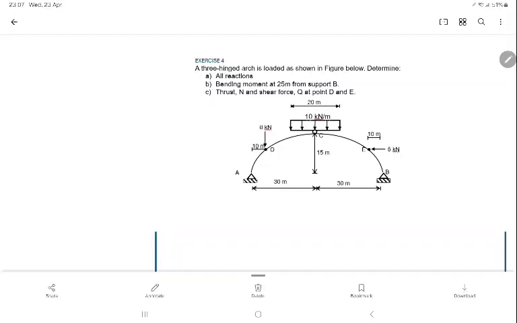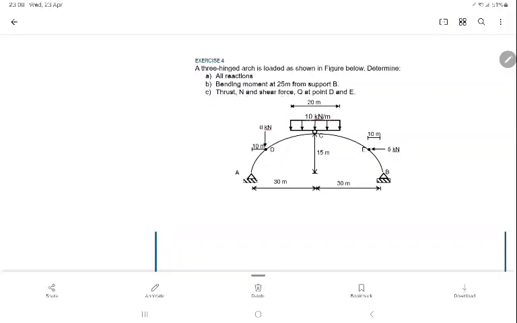And then you have to find bending moment at 25 meter from support B. And then you have to find thrust and shear force. Thrust here is denoted as N and shear force denoted as Q. So you have to find thrust and shear force at point D and point E.